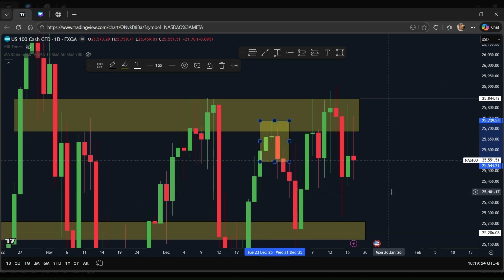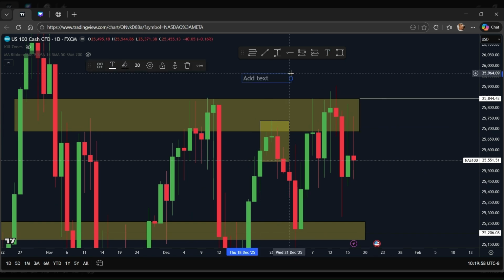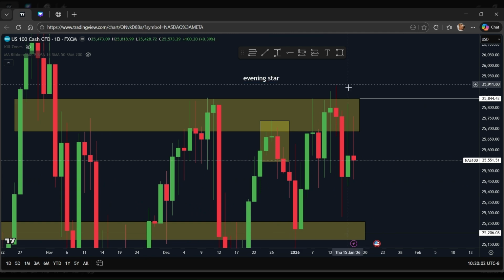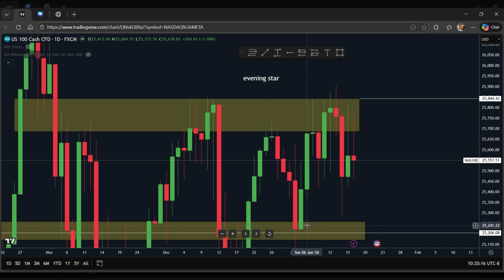Make it gold. This right here is a candlestick pattern called an evening star. This pretty much happens when we got a bunch of price action going up, and then we get this small candle, and then a candle going down, and then it ends up shifting down. This happens all the time.